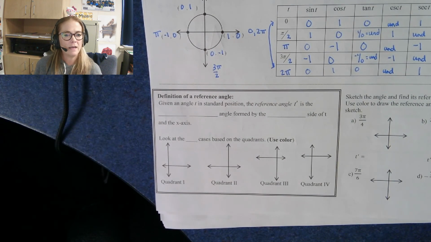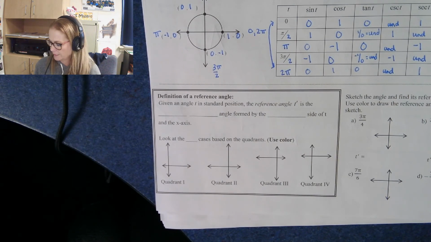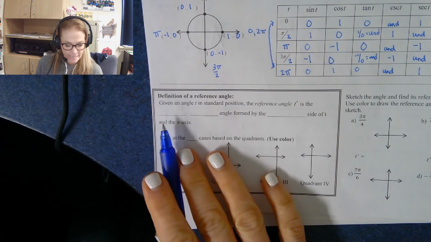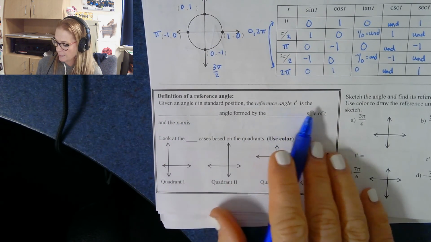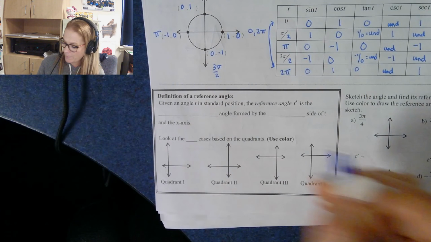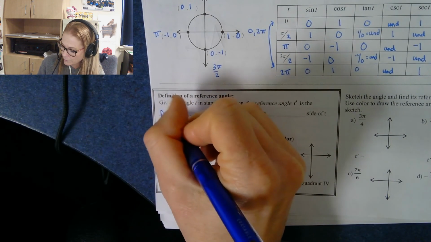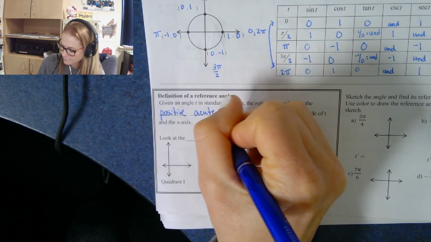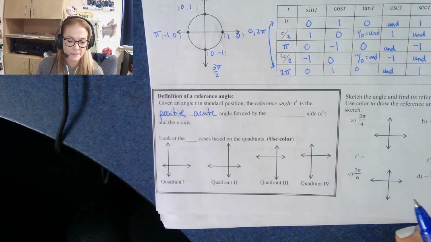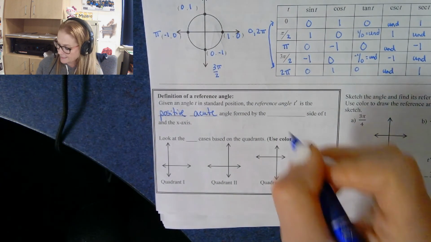So let's draw it out before I talk anymore, because it'll make more sense when I draw it out. Given an angle T in standard position, the reference angle T prime is the positive acute angle formed by the terminal side and the x-axis.